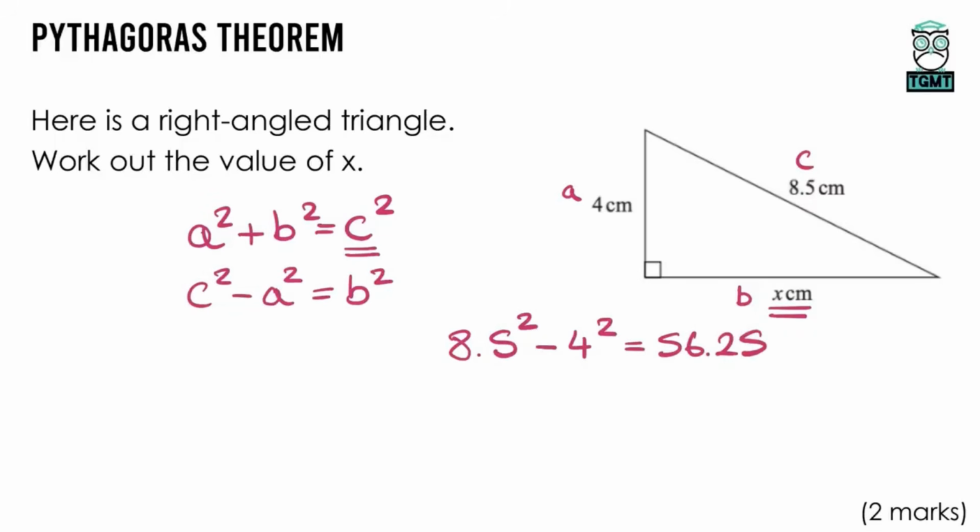Now clearly that side cannot be 56.25, so this should trigger your memory to remember at this point here you need to square root that answer in order to get to the length that we are looking for. So you just need to type it in. You can use your answer button to speed up a bit of time, but you will get the answer 7.5. That's 7.5 centimetres. Centimetres was already given to you next to the x, so all we would need to say is 7.5 for the value of x. And there we go, that's using Pythagoras Theorem.